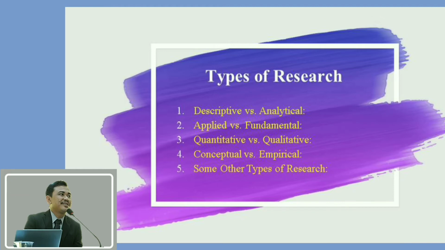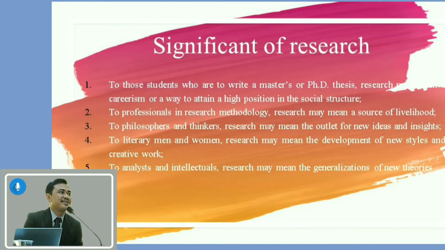The second one, what is the difference between applied and fundamental research? The third one, what is the difference between quantitative versus qualitative? The fourth one, what is the difference between conceptual versus empirical? Okay, and the last one, you have to be able to mention and explain other types of research.